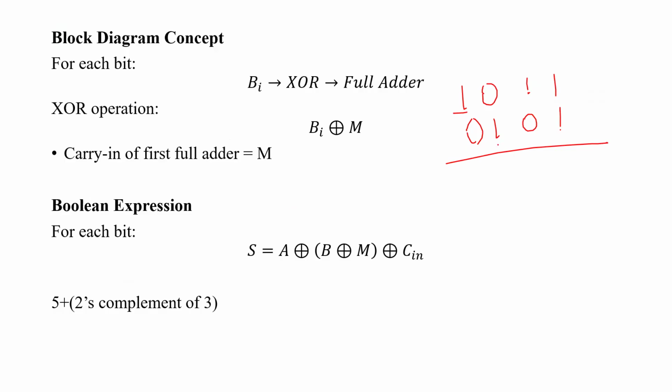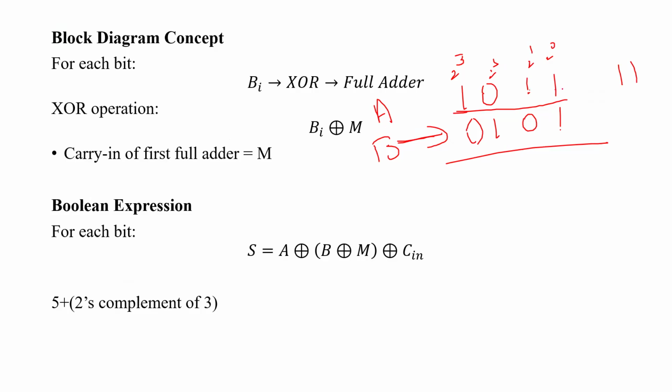But for subtraction, this is called A, and this is called B, and B will take the 2's complement. First we will see what this number is. This is 2 power 0, this is 2 power 1, 2 power 2, 2 power 3. So this is 8 plus 2 plus 1, which is 11.